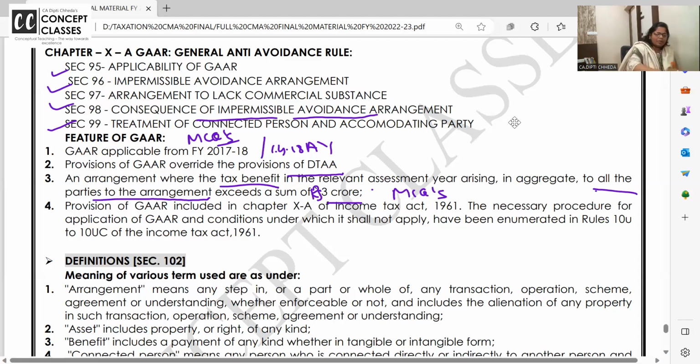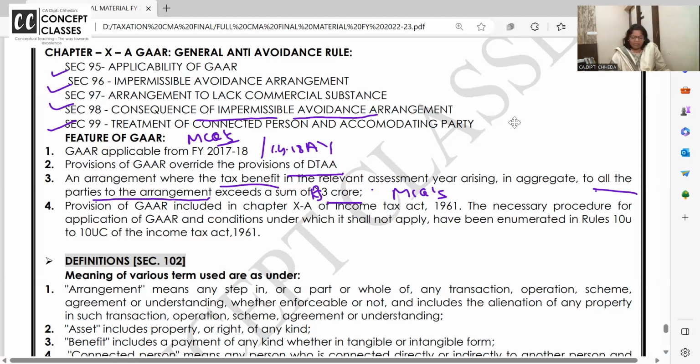GAAR is applicable not to a single party, but when all the parties in the arrangement, there will be an Indian company, subsidiary, holding company, foreign company, shell company in the tax haven countries, जो भी है, are doing transactions where the tax benefit exceeds 3 crores, then GAAR is applicable.